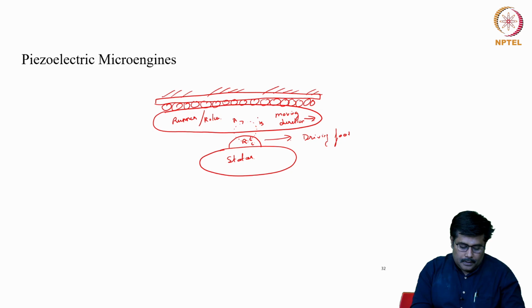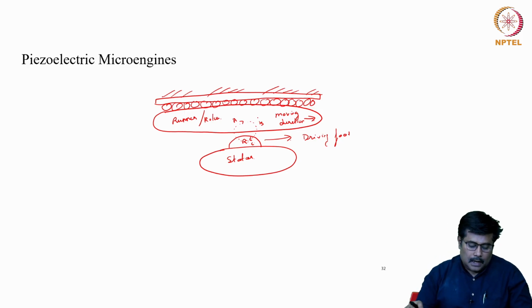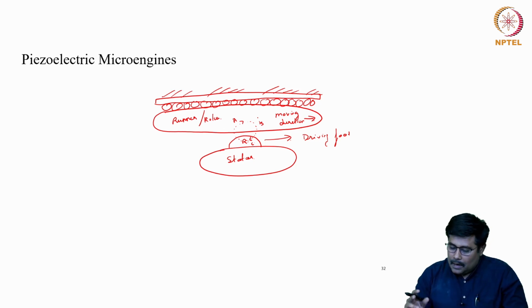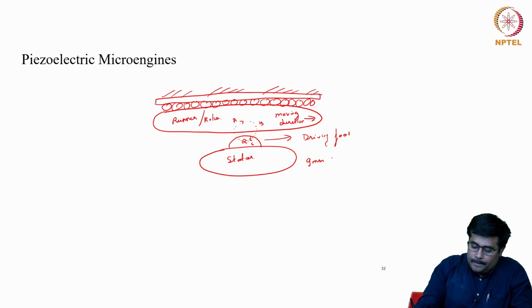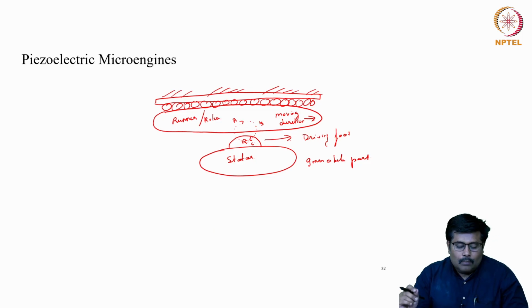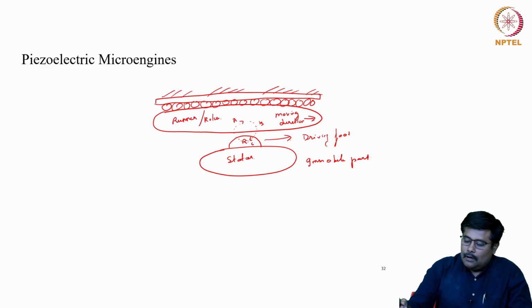If we closely observe the operation principles, this ultrasonic piezoelectric motor comprises two primary components, a stator and a rotor. A stator, as we all know, is an immobile part that contains the piezoelectric component, while the rotor is a mobile part that works with the stator to produce a rotation or a linear movement.